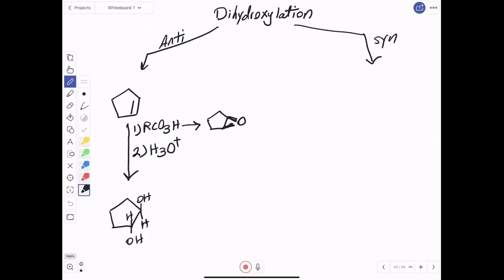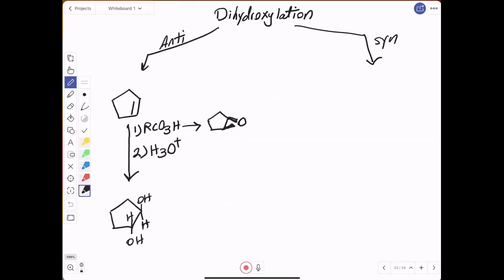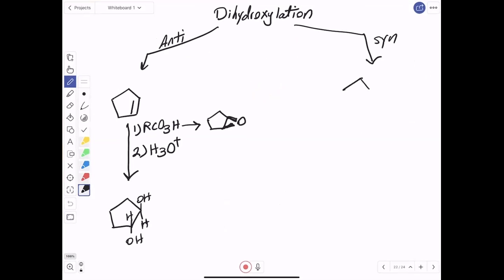Okay, in syn dihydroxylation, for example here, we will have a cis diol, and there are two different reagents that you need to know for this type of reaction.